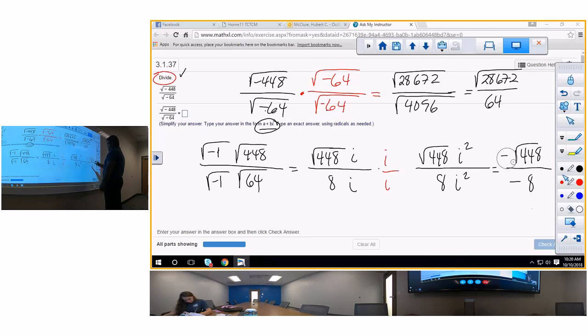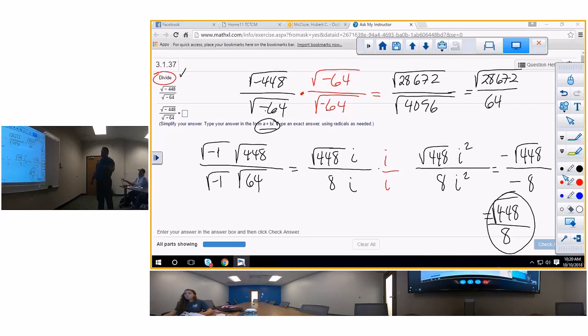Negative 8. And a negative divided by negative is a what? Square root of 448 over 8. So I really don't know which question they're asking. It said put in terms of i, but you're getting rid of i. Check it out.